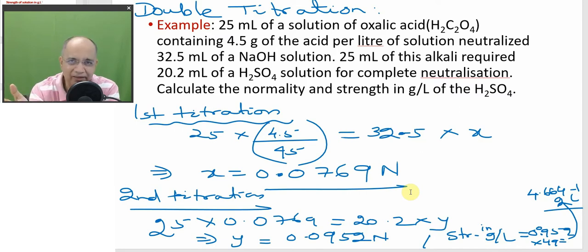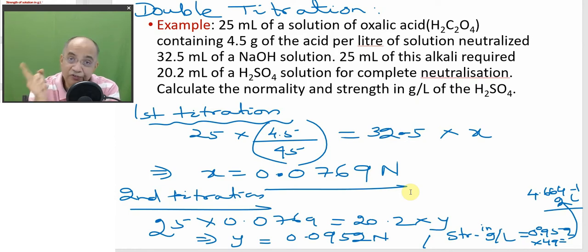You standardize it, that means find the exact concentration. Then what do you do? You have to first standardize a base, sodium hydroxide. Sodium hydroxide that is available in your laboratory is again not standard. It might be an old solution or a new solution, but as you know, sodium hydroxide is not a primary standard, so it's only approximately known.